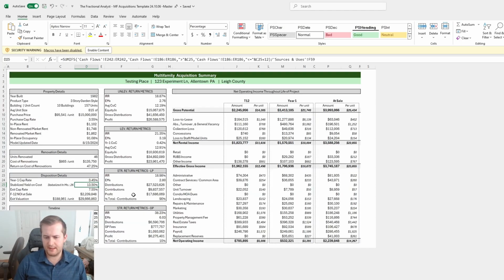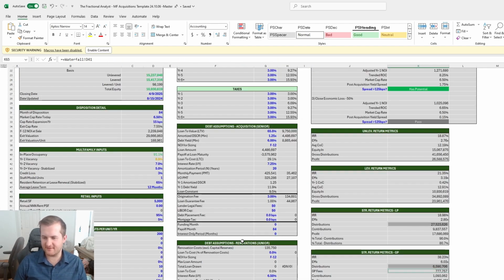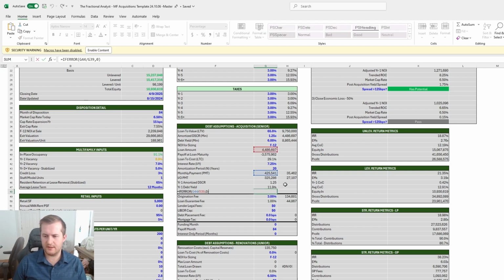The cost of debt under this scenario, and maybe we should add a summary about debt on the summary page, but we'll go to the main inputs to take a look at that. The loan constant on this particular deal is 9.5%. And so how do we get there?